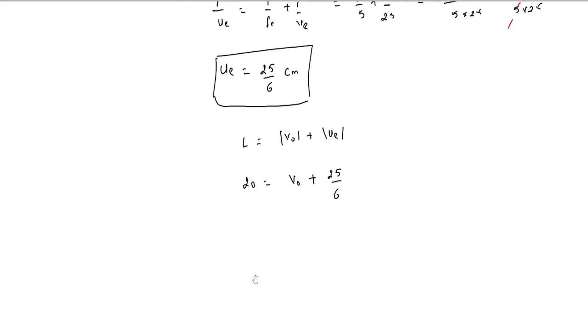From here we get V0 is equal to 20 minus 25 by 6. That will be 120 minus 25 by 6, that will be 95 by 6 centimeter. So we found out what V0 is also.